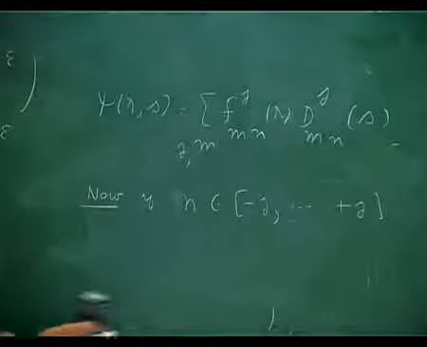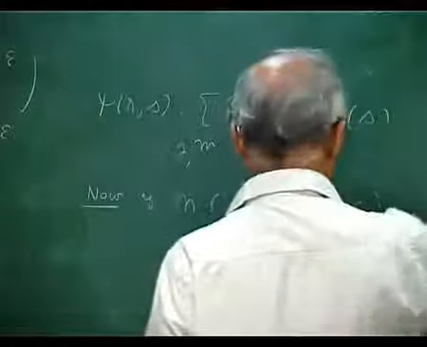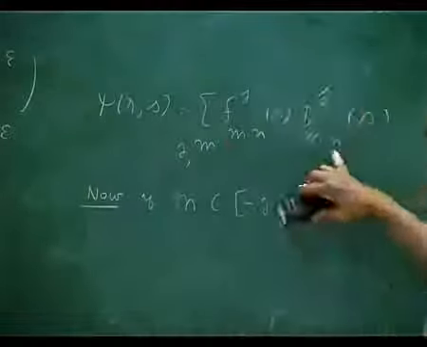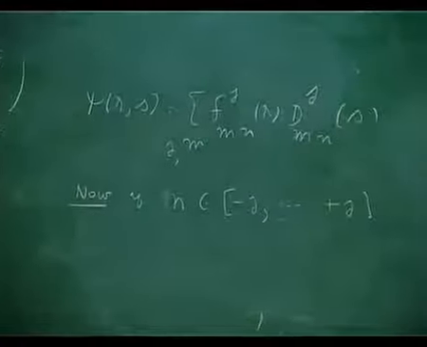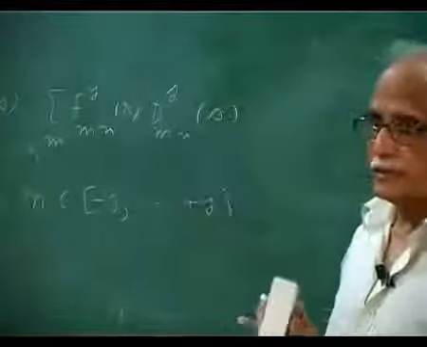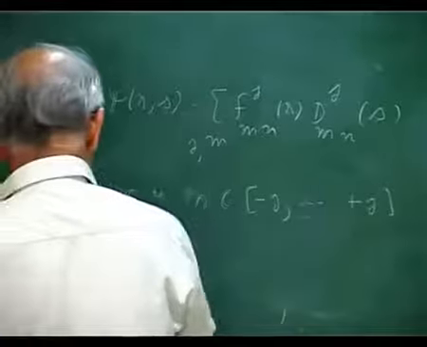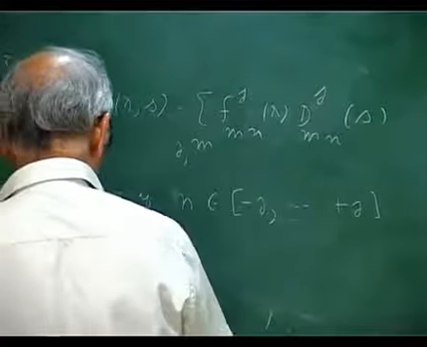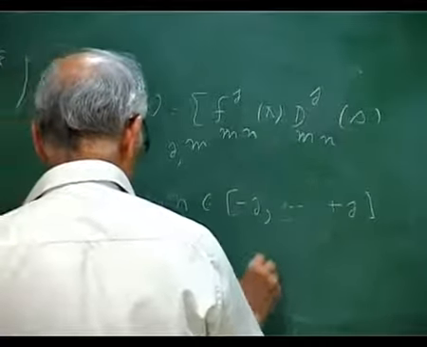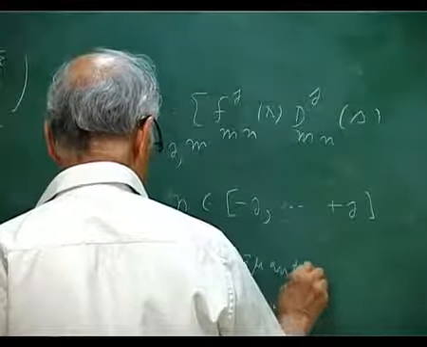This n here is a fixed number, but for a given j it can only take these values. So n is quantized.